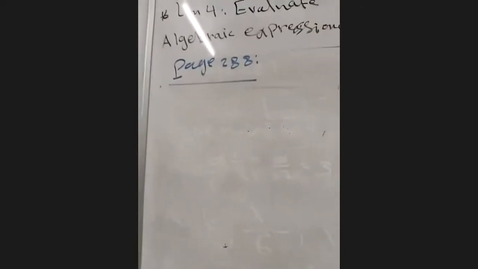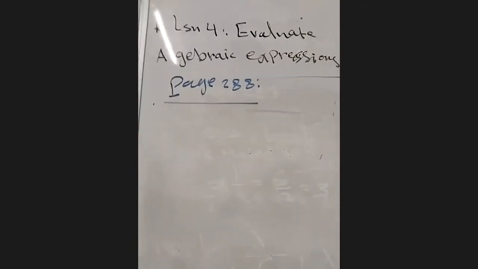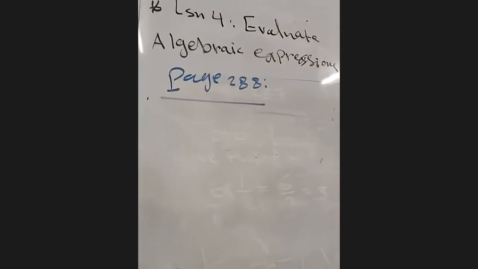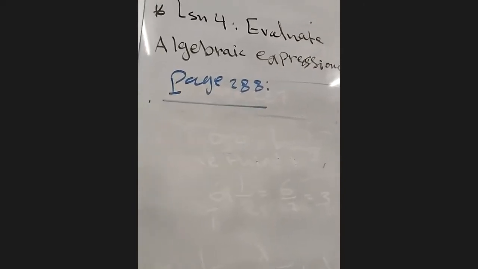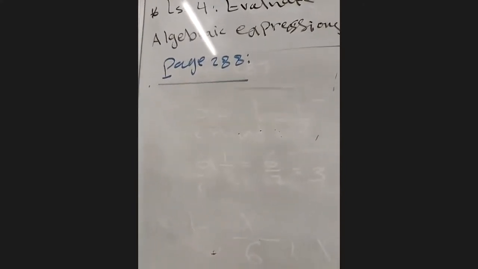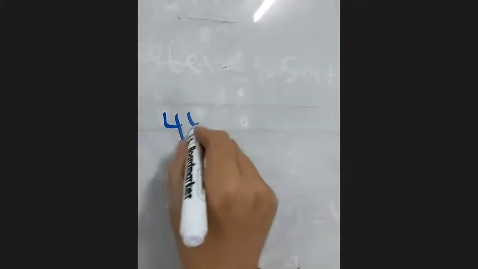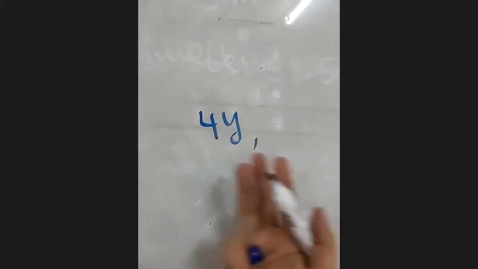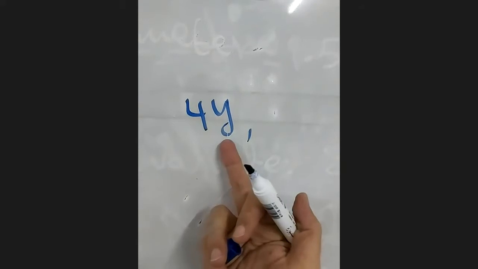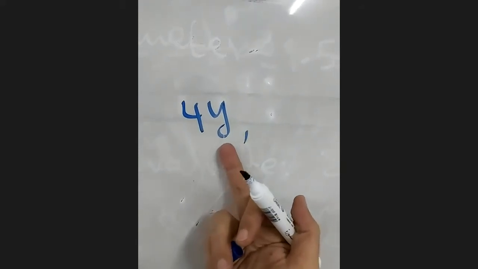Now, yesterday we said we start from this lesson. We started from this lesson and we took, I think, example 1 and check 1. The idea here is if we have an algebraic expression like 4y, y is an unknown value because y is a variable. Variable means it's an unknown value.